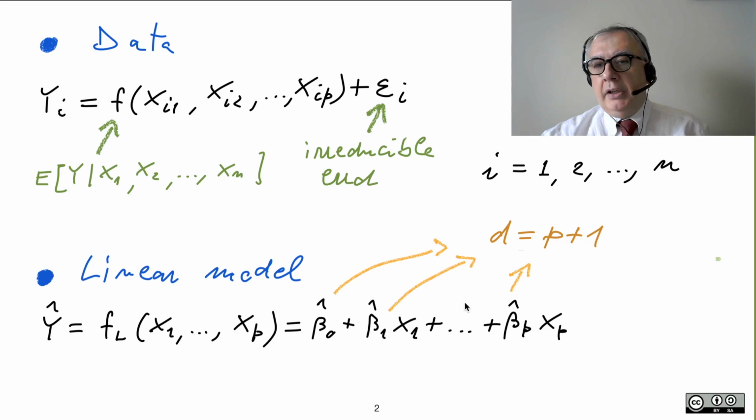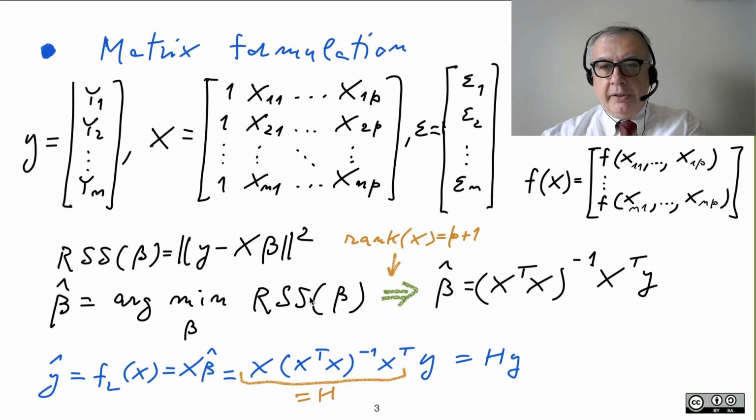Therefore, the total number of parameters that I denote by D is given by p plus 1, because I have the p coefficients for the predictors, beta hat 1, beta hat 2, beta hat p, and then I have the coefficient for the intercept.